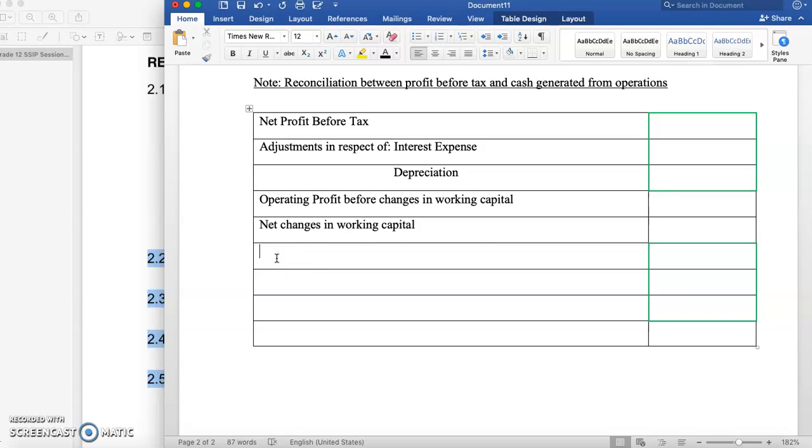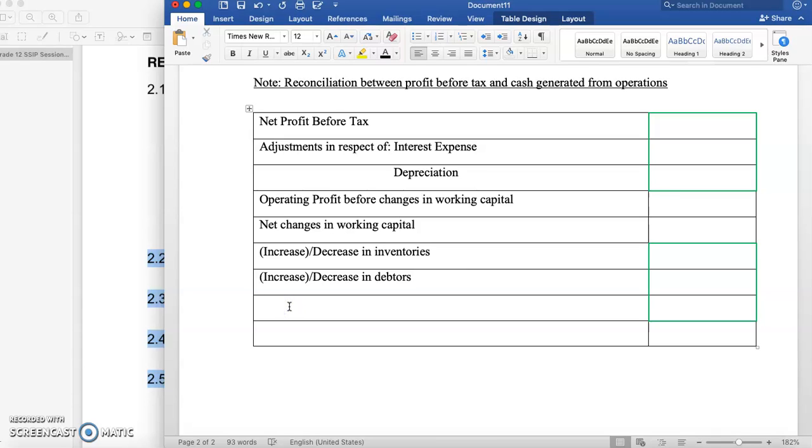Now, the first thing that usually goes here is either an increase or a decrease in inventories. Okay, this can be in any order. It's just the one I remember, right? And then we're going to have an increase or a decrease in debtors.